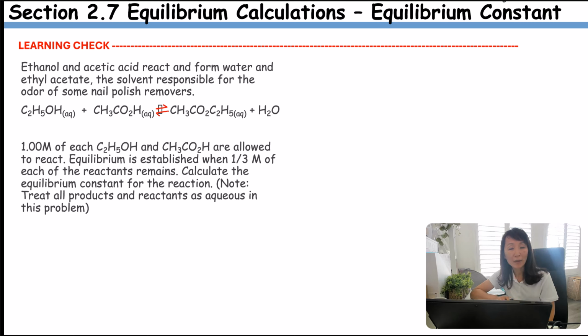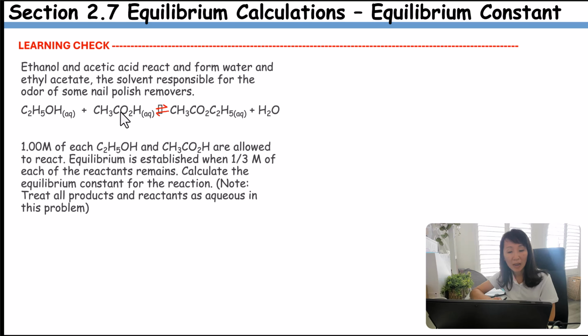If you are coming back from trying to solve this problem, let's dive in. Here we have ethanol on the very left, and then you have the acetic acid, and that has a concentration of 1.00. And this also has a concentration of 1.00 molarity.